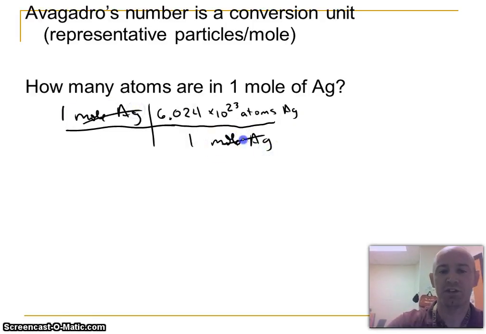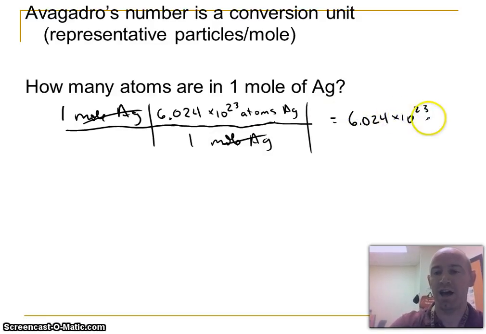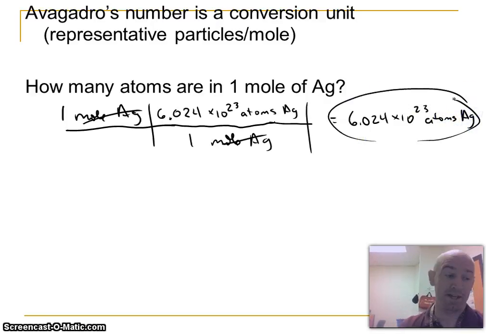And so moles of silver cancel out, and we are left with 6.02 times 10 to the 23rd atoms of silver. Now, that seemed pretty easy.